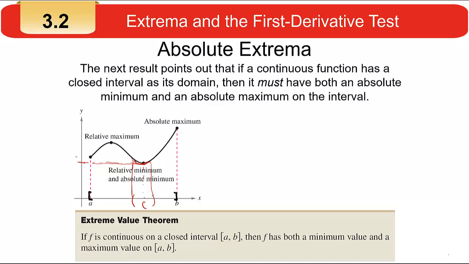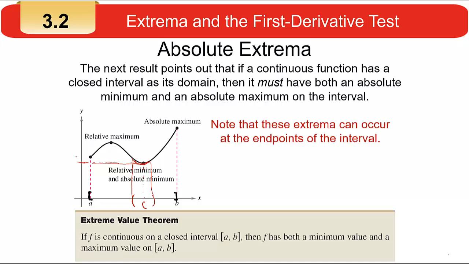If your function is continuous, in other words, there are no gaps or holes, nothing to stop it from being drawn by a pen or pencil without lifting it from the paper, then anytime you have a function like that on a closed interval, it will have an absolute minimum value and an absolute maximum value on that closed interval. No way that it can't, because it's a continuous function. And the extrema can occur at the endpoint of the interval.